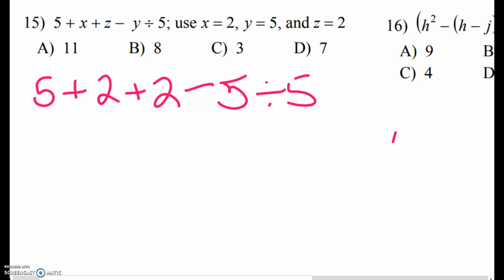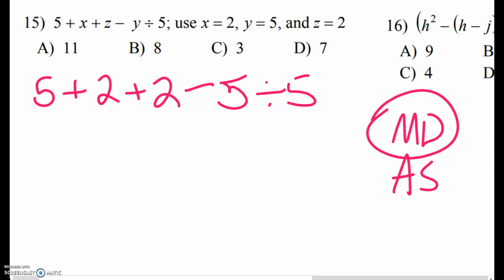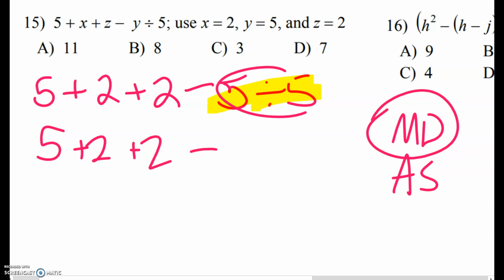So remember, multiplication and division is done left to right, and so is addition and subtraction. So let's look at just the multiplication and division from left to right. Well, the only multiplication and division that we have is here. So we have 5 plus 2 plus 2 minus 5 divided by 5 is 1.